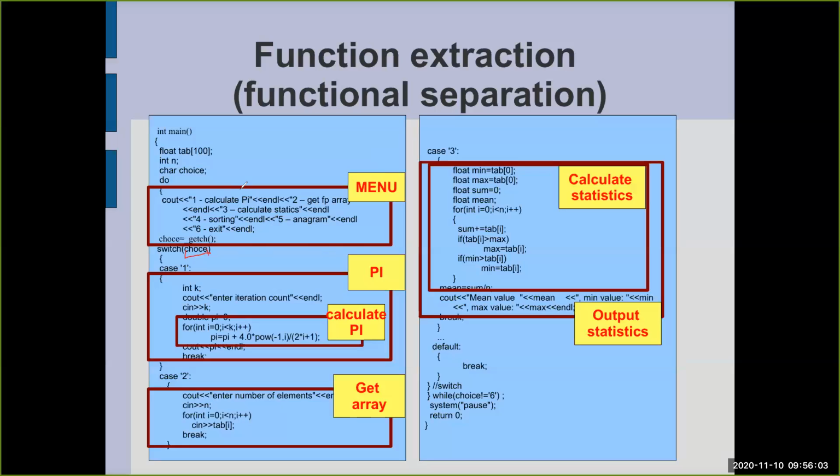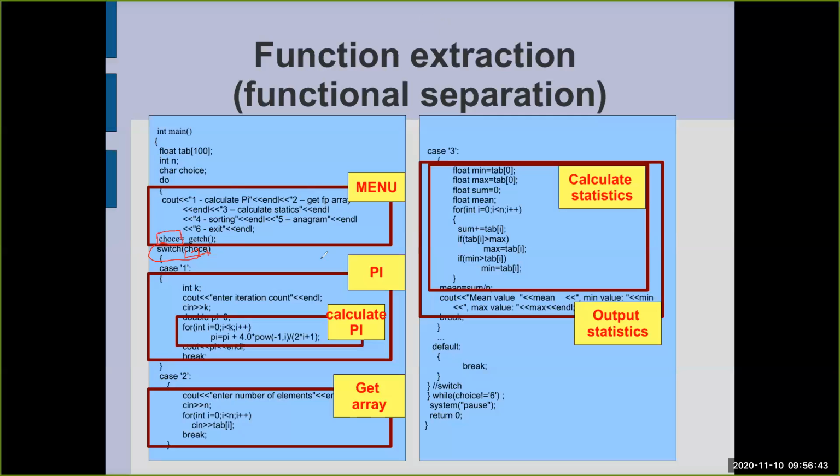For example, having the block menu, you can see that here we have choice, with a misprint, and the choice is initialized here, but then it is used outside the block. It is used in the switch. The switch belongs to the main function, not to the menu.